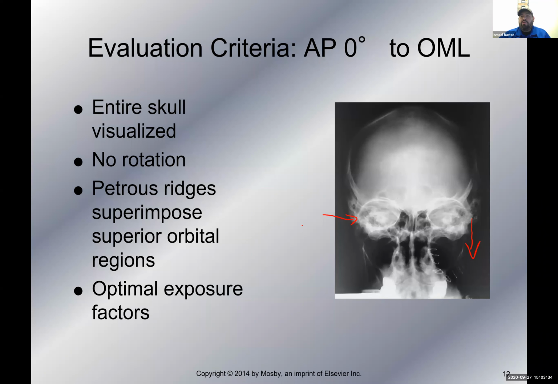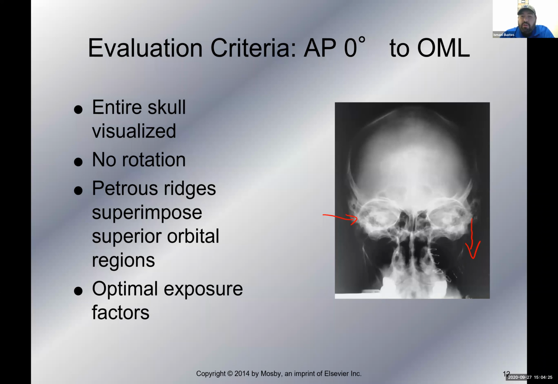One good way, and I'm going to stop this share so you can see my face. I kind of told you I was in the lab. Here are my petrous ridges. They're located within the middle of the skull, but they project through the orbits. Now, if my ridges are too low, then that means I had too much extension of the head. If I flex correctly for my AP 0 degree, the ridges should be within my entire orbit.